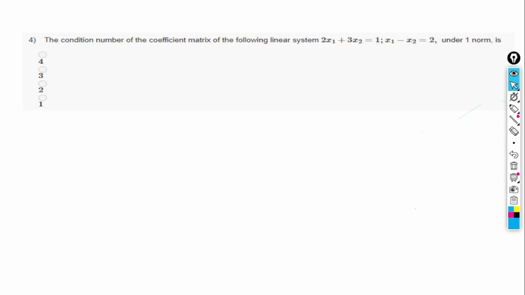So next question is the condition number of the coefficient matrix of the following linear system, that is 2x1 plus 3x2 equals 1, comma x1 minus x2 equals 2, under one norm is. So you have to calculate the condition number. 4, I think. Okay, let others calculate it.